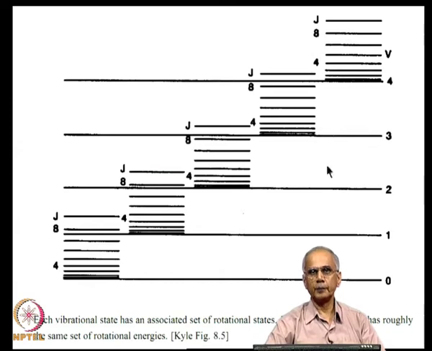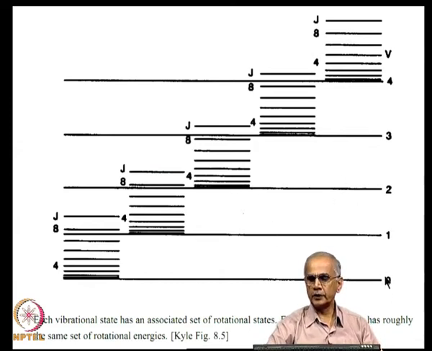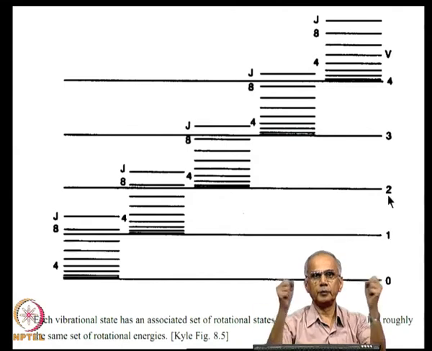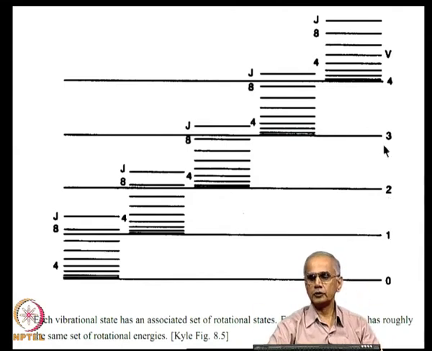Now, here is a pictorial depiction of the different vibrational states of the molecule: 0, 1, 2, 3, 4. This may be called the ground state 0, and state 1 where the molecule is vibrating more rapidly, and so on.